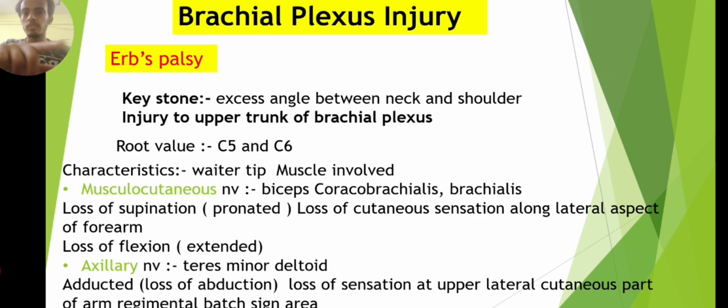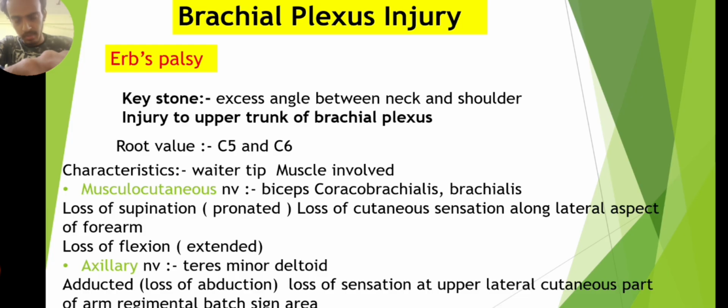When there is involvement of the musculocutaneous nerve, as you already know, it supplies the front of the arm, which helps in flexion of the elbow joint. So if there is an injury to the musculocutaneous nerve, the front of the arm muscles will be paralyzed. As a result, the flexors of the elbow joint will be paralyzed, so the elbow will be extended.